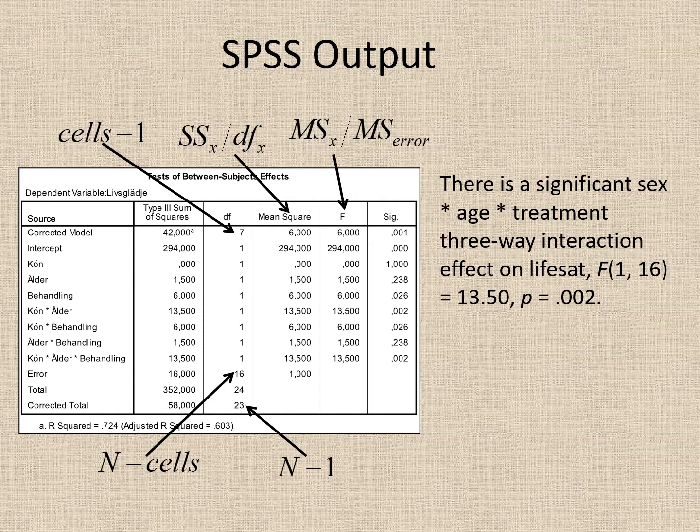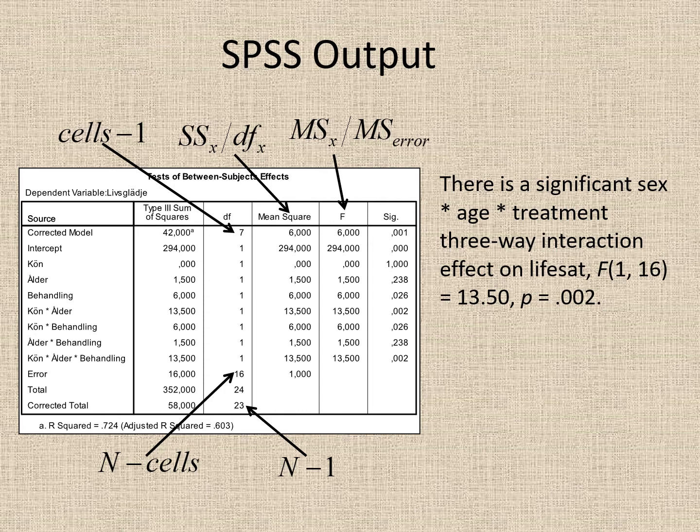So you split the file. You stratify. So in this case, I stratified by sex, so women and men, and this is what the two-way interaction between age and treatment looks like for female patients and for male patients.